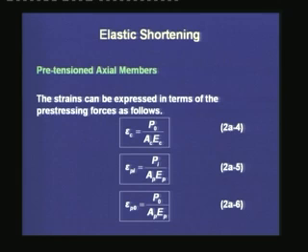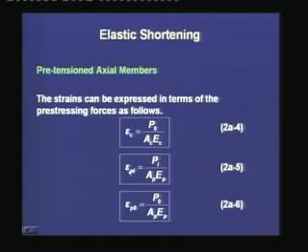Now, each of these strains can be equated to the corresponding forces by the elastic equation. Epsilon C is given by the force which is occurring after it has come to static equilibrium, divided by the area of the concrete and the modulus of concrete.